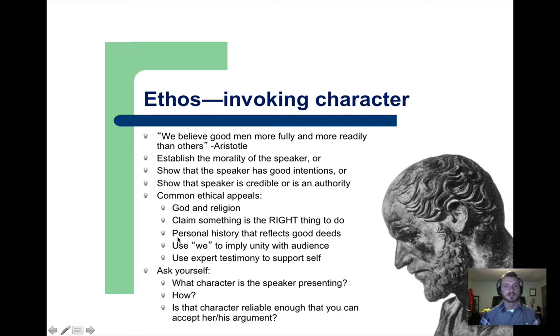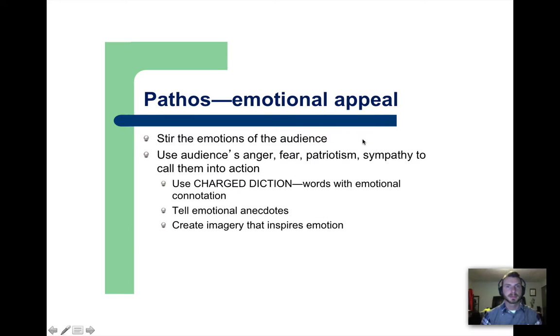And then if you want to reference your own personal history, including anything that you've done to indicate that you're a good person, are you a trustworthy person, you do your chores, you help your brother and sister, you do well in school. And again, you could use we in your own if you want. So indicating that this isn't just about you and that you are trying to do something that helps the greater good. So all of these would be ethos, invoking character, looking at your credibility and your ethics.